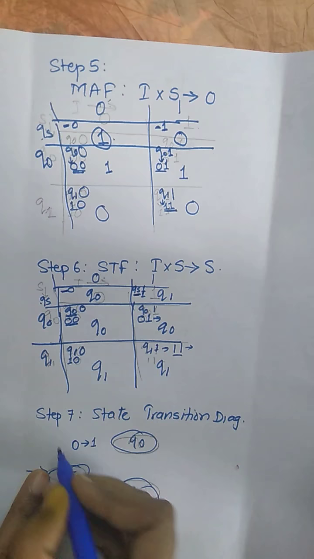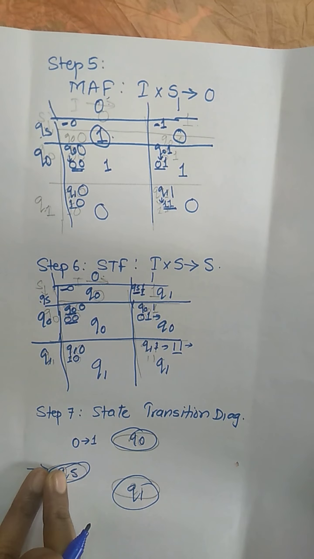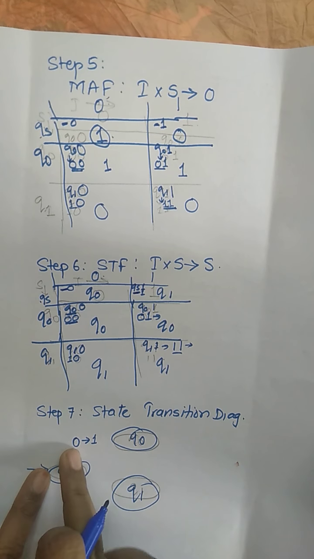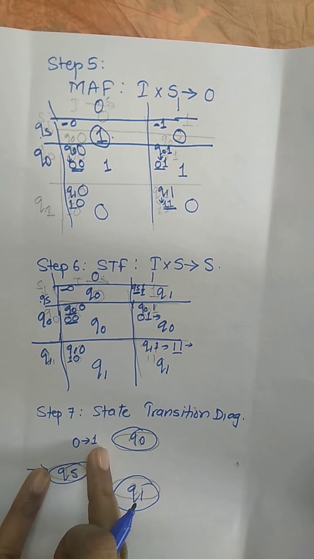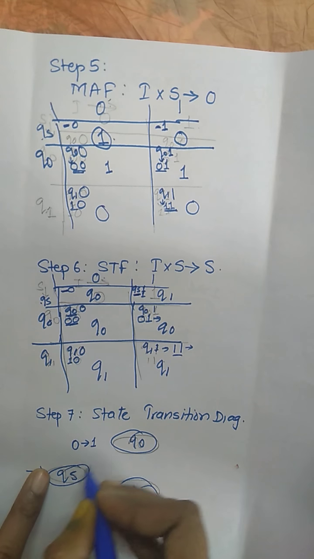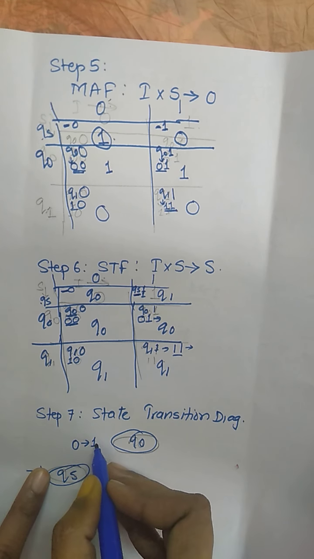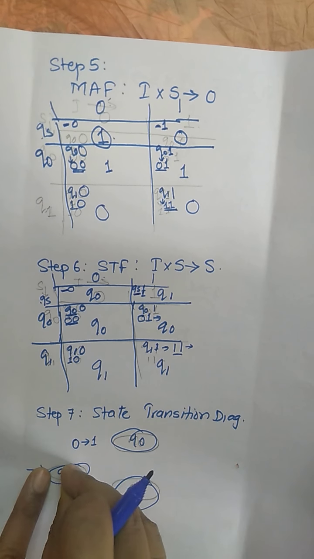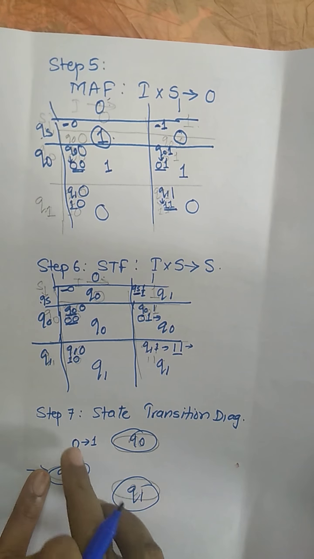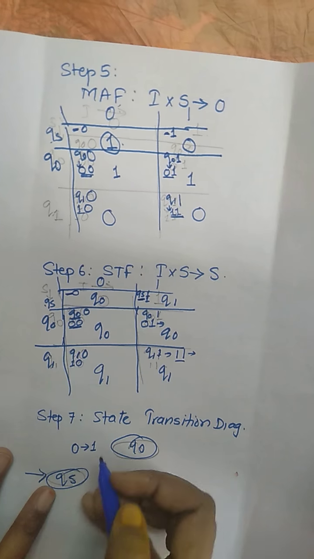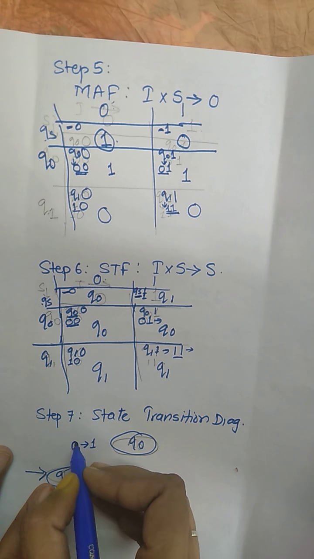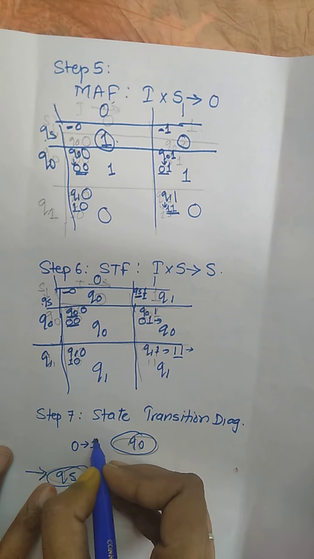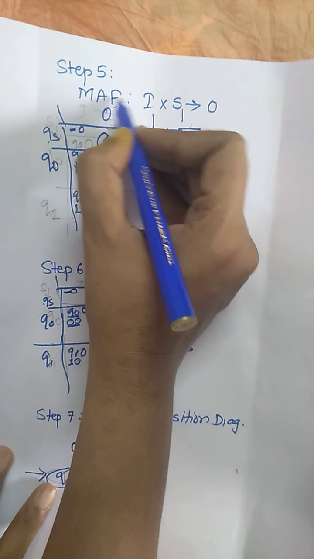Near QS we are going to write 0 and 1. What the students are doing is writing this input and output combination over the state. Don't write over the state, we have to write near the state. So QS on input 0 produces output 1. That is from the machine function.